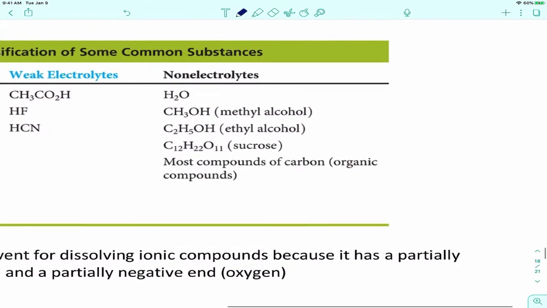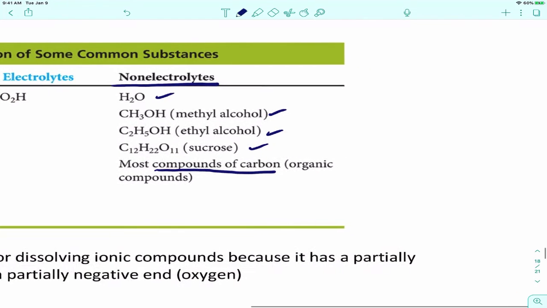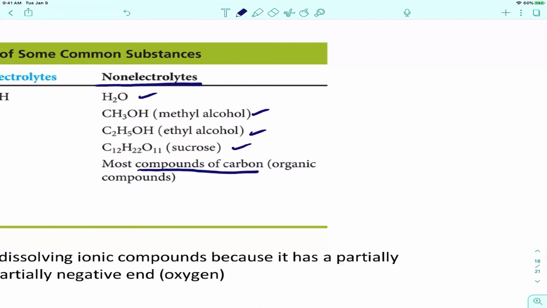If we go to the other side for the non-electrolytes, you got water, methyl alcohol, ethyl alcohol, sucrose, and most compounds of carbon, organic compounds. All right. So is there anything that we can lump together here? Non-electrolytes tend to be solvents.